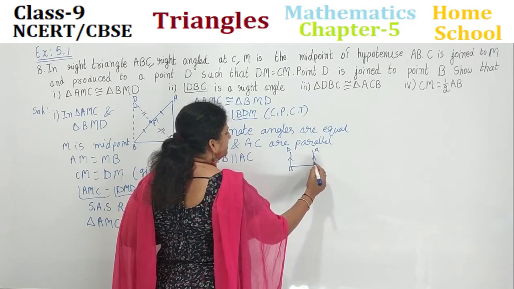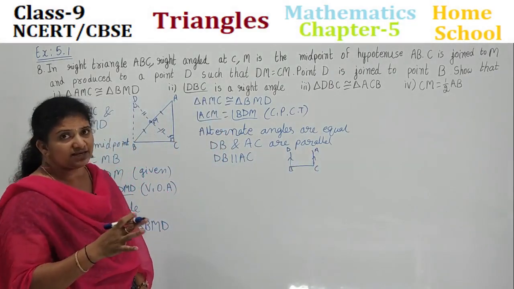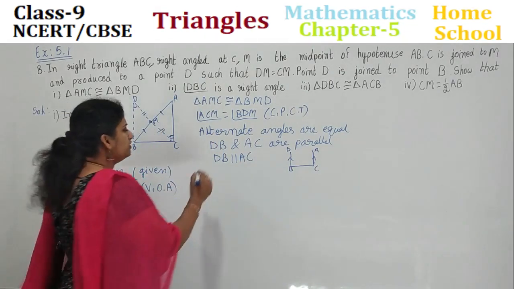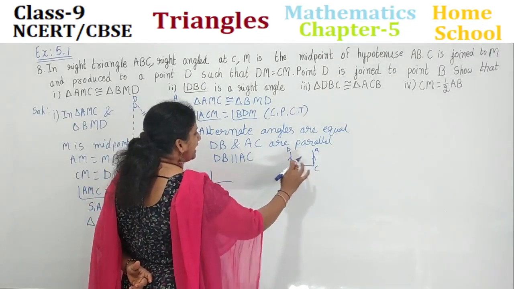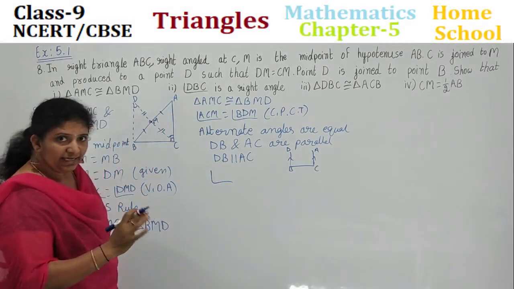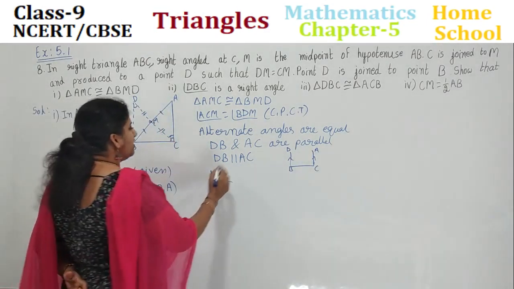Then again, the line BC is also looking like a transversal. So the sum of the interior angles of the transversal, what can you say, children?